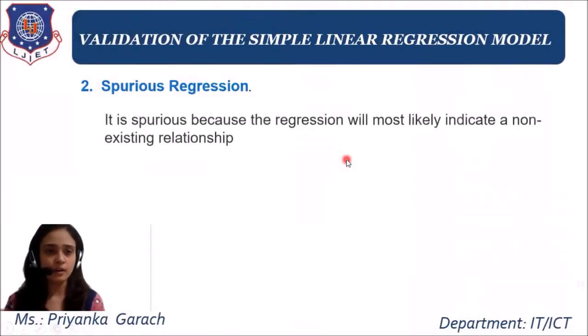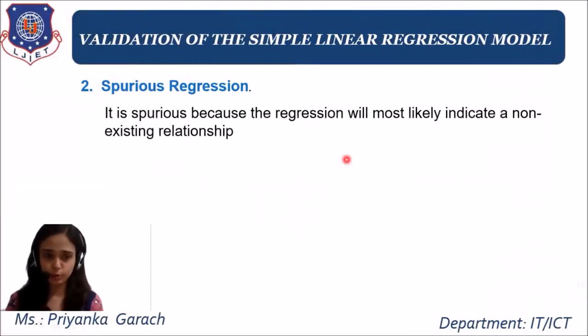So what are the properties of the spurious regression, and what is the spurious regression? It is spurious because the regression will most likely indicate a non-existing relationship. So the spurious regression will give us the illusion of a non-existing relationship. It means the relationship which does not exist in reality.